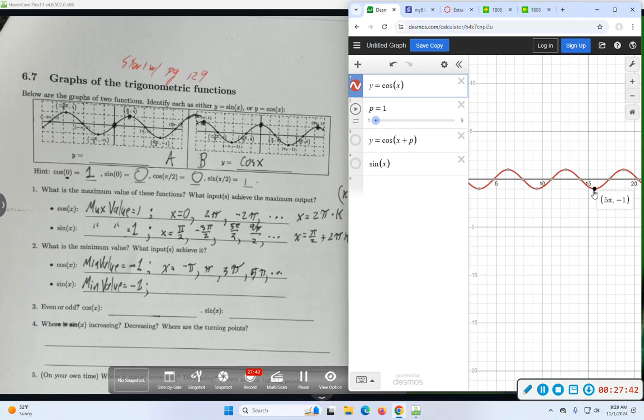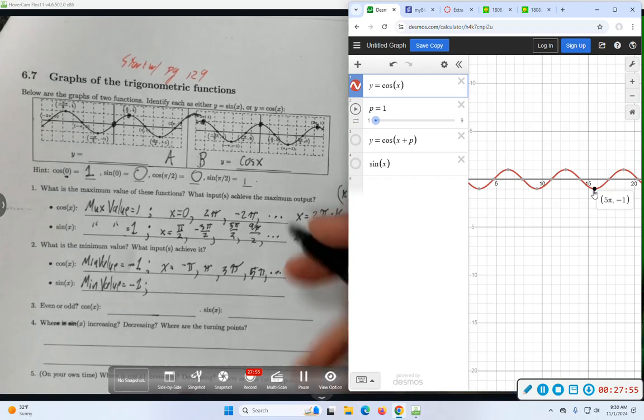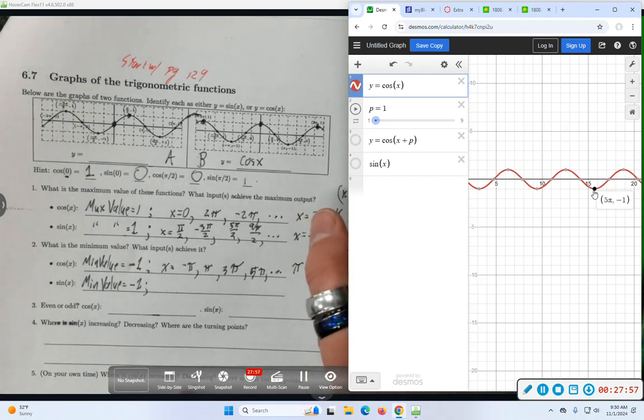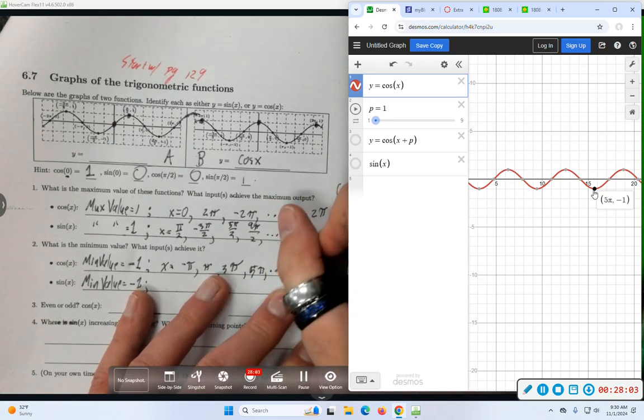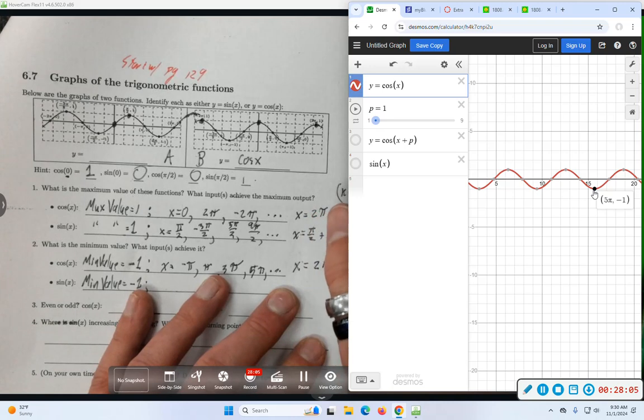And what sort of number is next to pi? Odd numbers? So it's like any odd number times pi will do. So x equals odd number times pi.